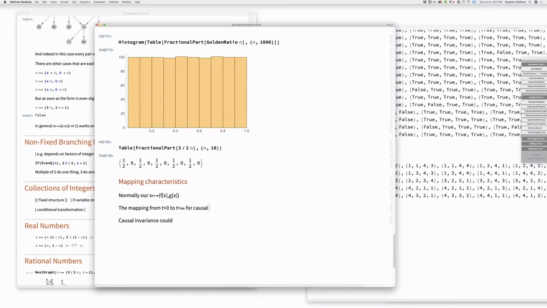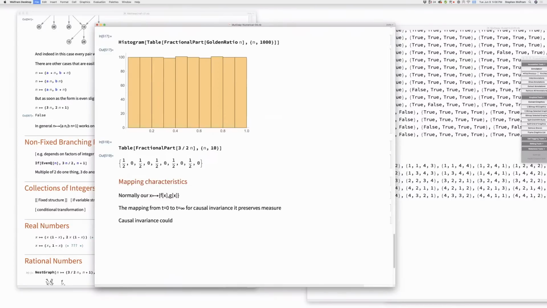Is that a true statement? In other words, if we take a measure at t equals 0 and we look for the measure at t equals infinity, and the system is causal invariant, what should be true about those two measures? I claim those two measures should be the same measure. So for causal invariance, it preserves measure.